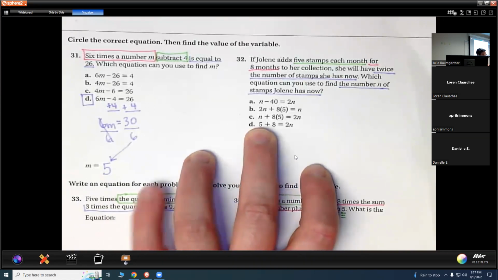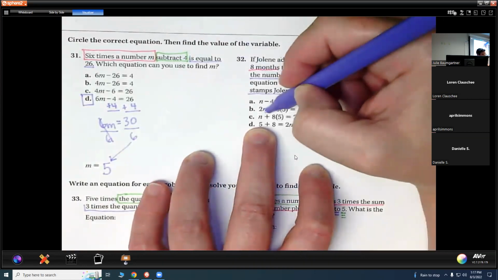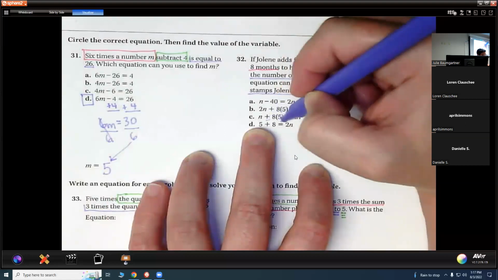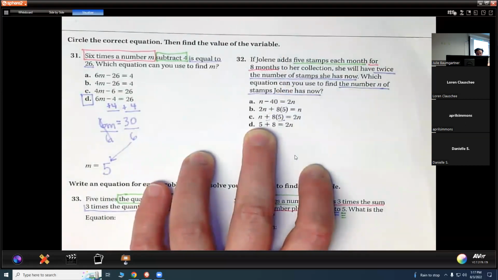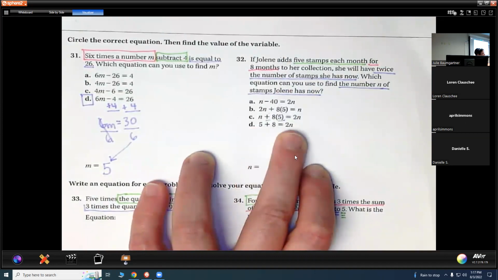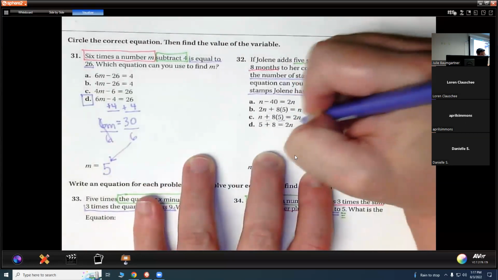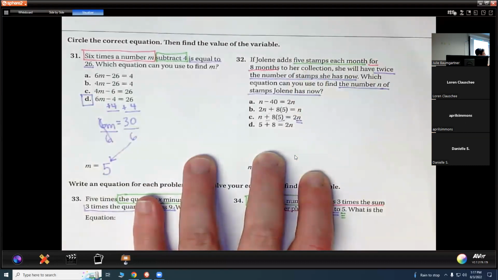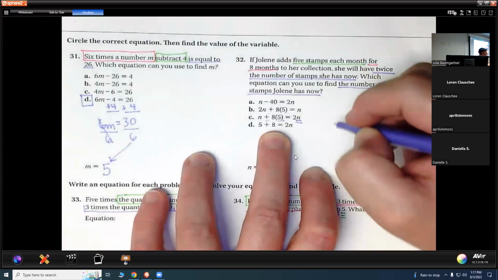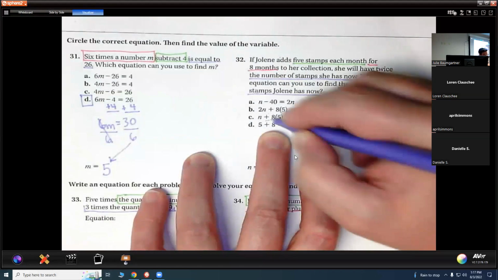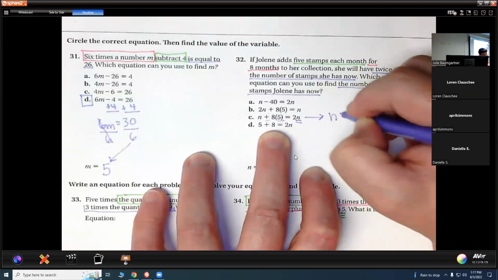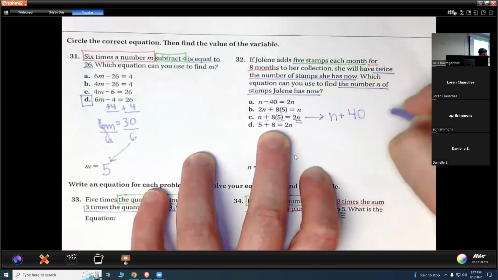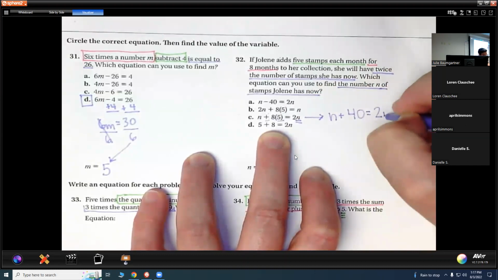Because here's how many stamps she has to start, and then she's going to add 5 for 8 months. Oh, okay, that makes more sense. And then she'll have twice as many as she currently has. So how do you bring those down? You have to multiply that into 5. Yep, so then to solve, we have n plus 40 equals 2n.